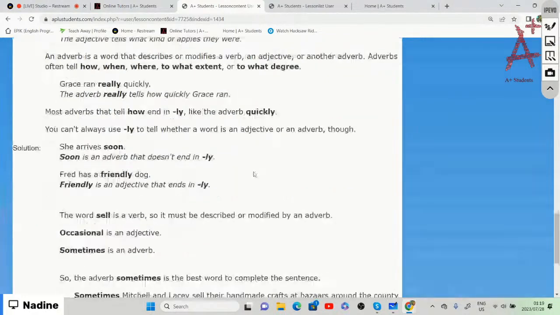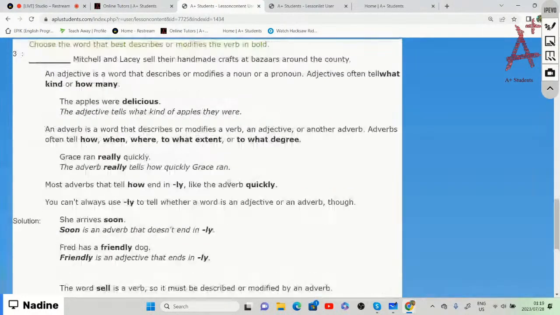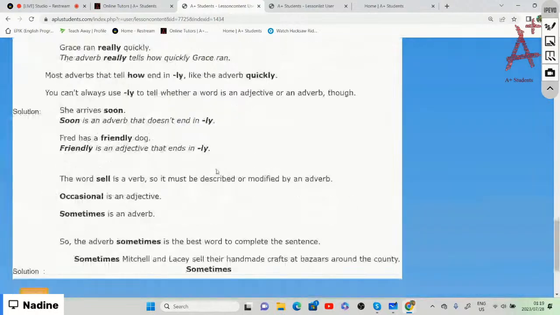So the two words that are given to us are occasional and occasionally. We need to choose one of these words, right? And then we need to write it in the space provided for the sentence. So the word sell is a verb, right?